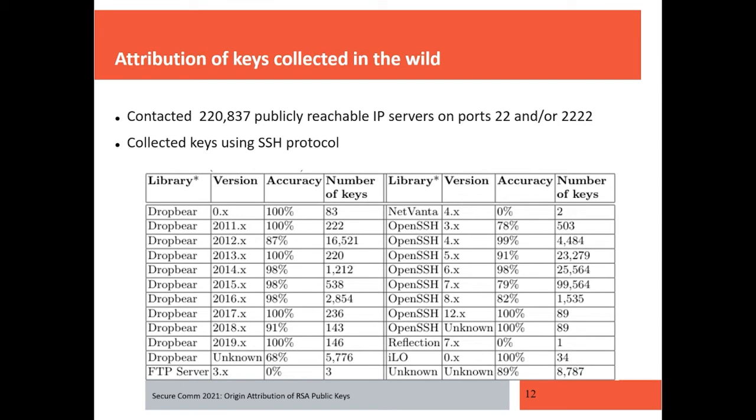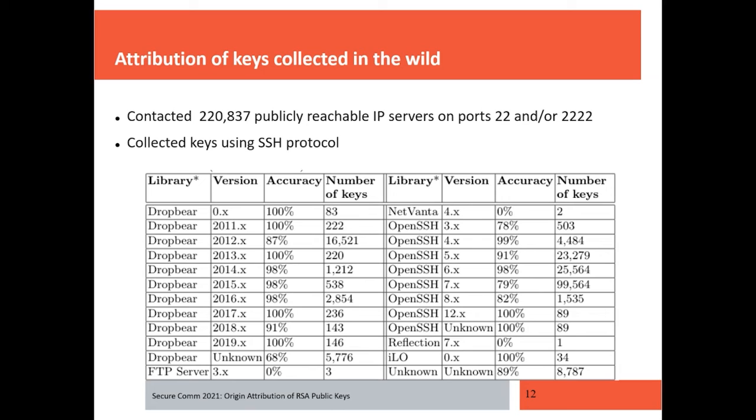In the next experiment, we want to attribute keys that we collected in the wild. We contacted 220,000 publicly reachable IP servers on port 22 and 2222. We make a single connection to each host and request their public SSH RSA key. This table shows that the majority of keys, around 155,000, were generated using the OpenSSH library, which is known to be one of the most widely used SSH libraries on the internet.